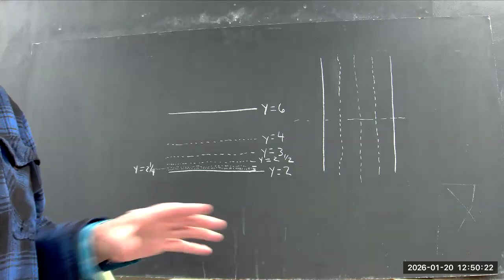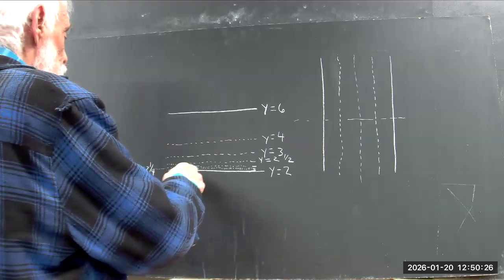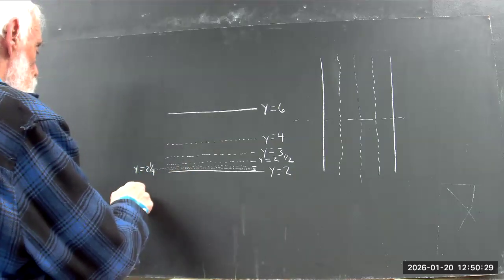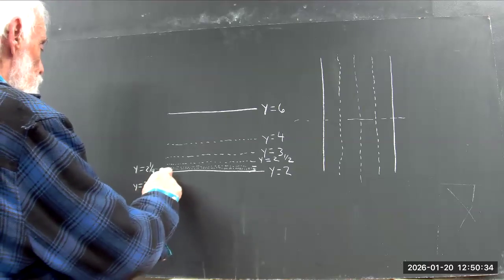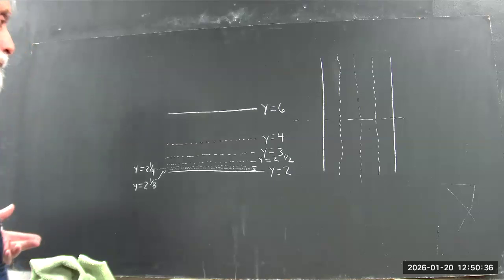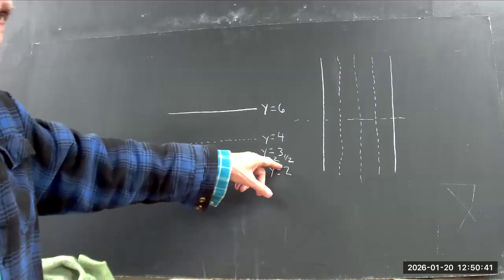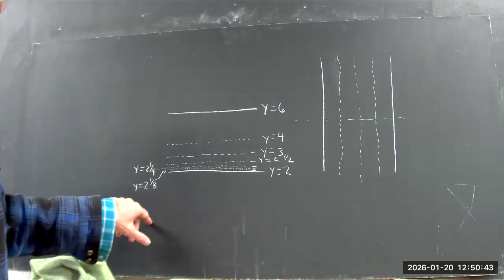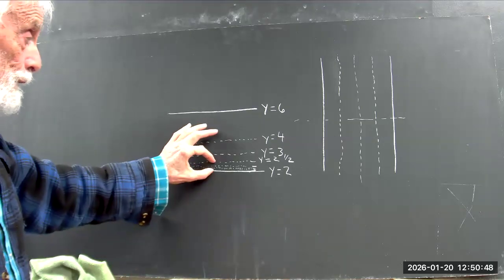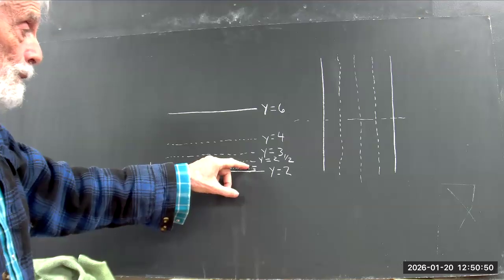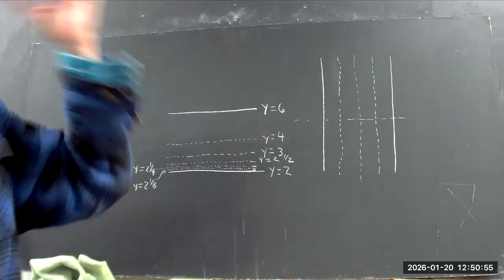Okay, and we don't want to use decimals. And then this last one here, y equals 2 1/8. A fourth is half of a half. An eighth is half of a fourth, right? So if this distance is a half, then this one distance would be half of that, which is a fourth, which gives you 2 1/4 and all that stuff, okay?